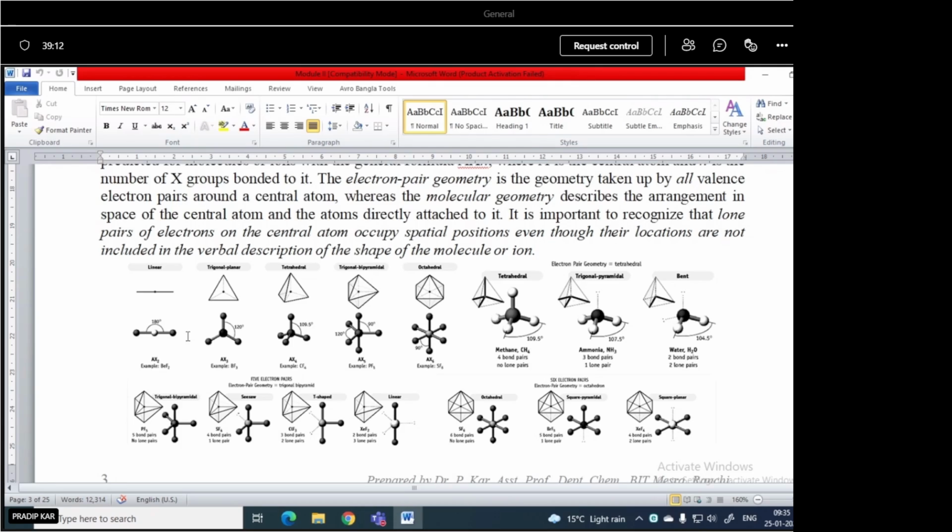This is the linear geometry for AX2 type compounds like BeF2. Is it clear?